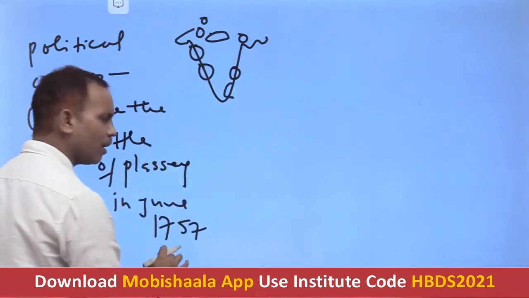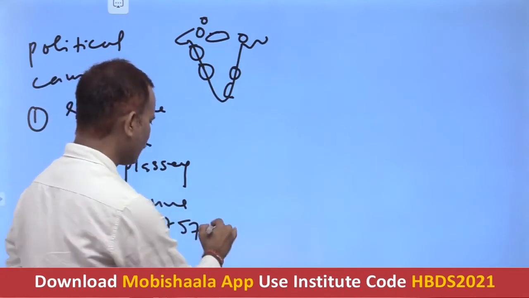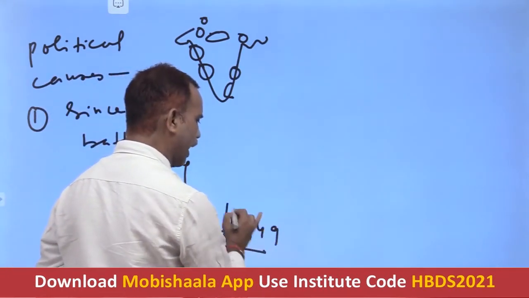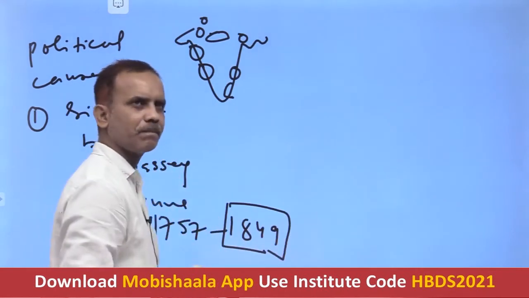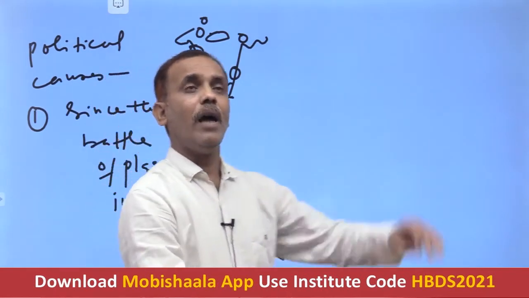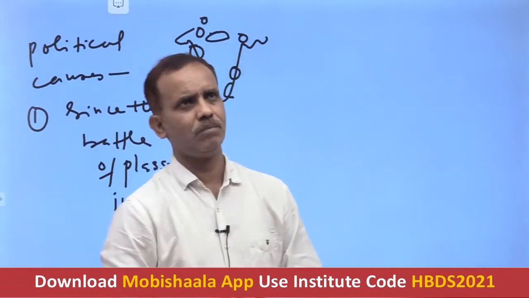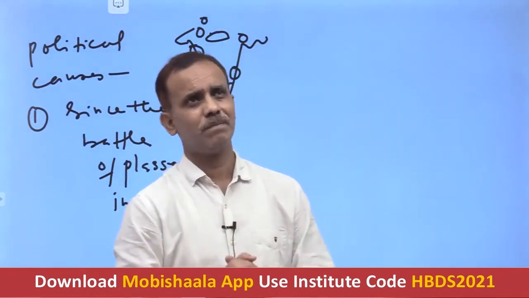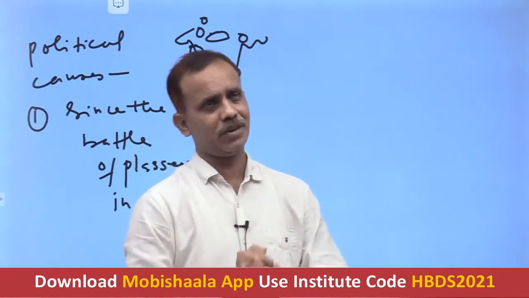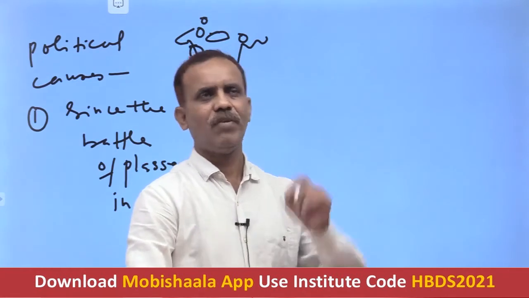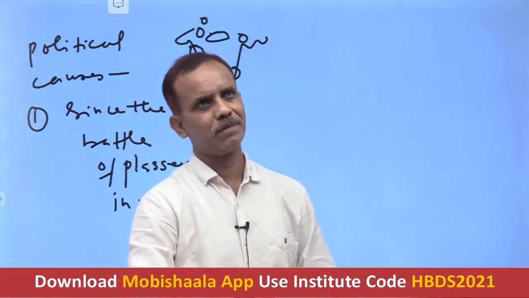From 1757 to 1849, meaning the Second Anglo-Sikh War, this British company replaced Indian rulers from their own kingdom.